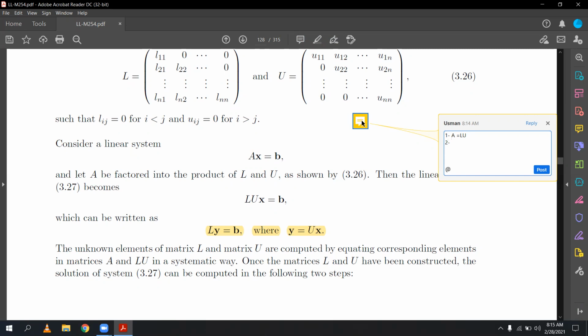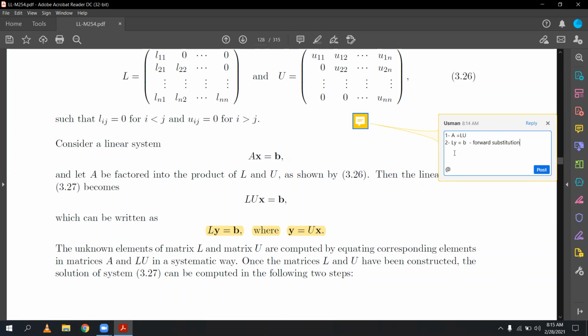We solve Ly equal to B. L is a lower triangular matrix, we know it from step number 1, B is given by the teacher, and of course we use forward substitution. Forward substitution means we go from top to bottom.